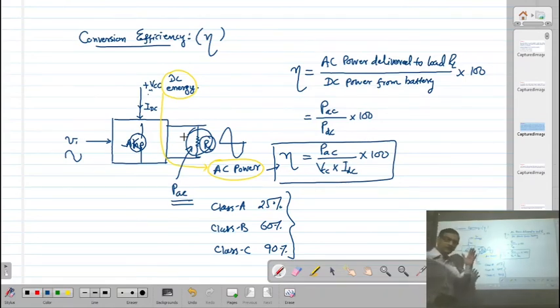In that case also you have to calculate the efficiency. But in general, the efficiency of an amplifier is given as a ratio of output AC power to DC power. Correct? Now let us see a simple example based on the conversion efficiency.